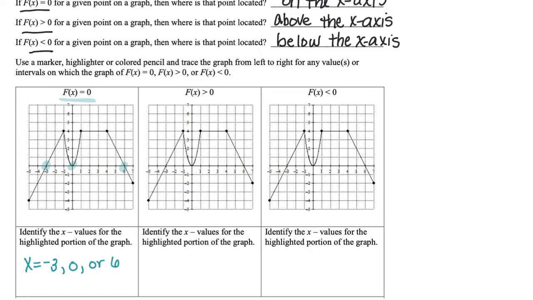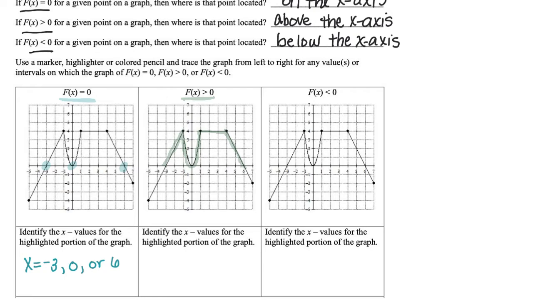Now let's change over to the next one, and notice this notation says f of x greater than 0, so that's everywhere our function is above the x-axis. So that's going to be all of this that's above the x-axis. So how are we going to write all of that?